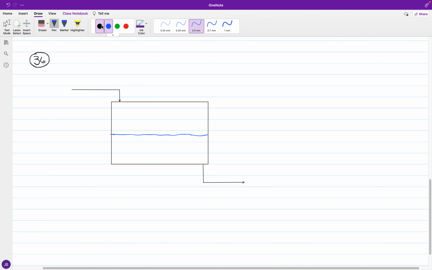So for the in stream, again, we have the flow rate at 2 gallons per minute. And for the outstream, we have 3 gallons per minute.